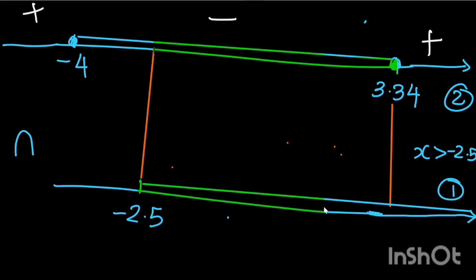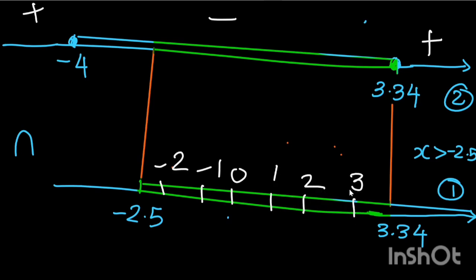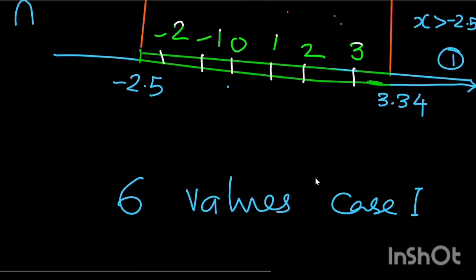This overlap region gives the common solution from minus 2.5 to 3.34. Now if you see the integers greater than minus 2.5, the first integer would be minus 2, then comes minus 1, then 0, then 1, then 2, followed by 3. So if you count minus 2, minus 1, 0, 1, 2, 3, the number of integral solutions from the intersection of 1 and 2 comes out to be 6 values from case 1.